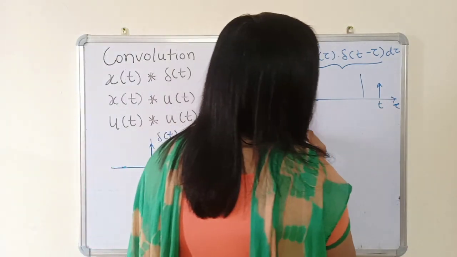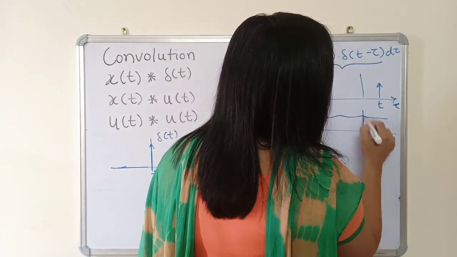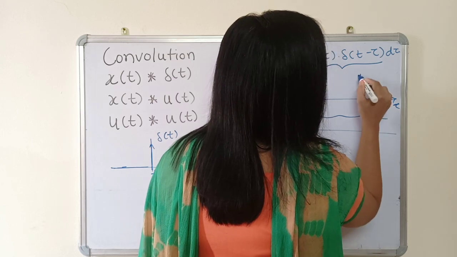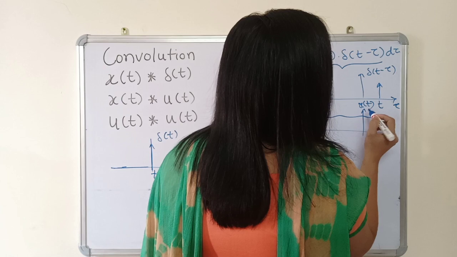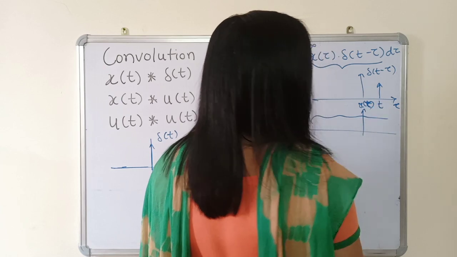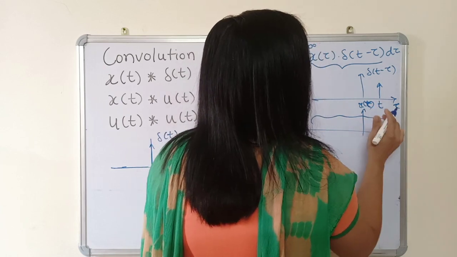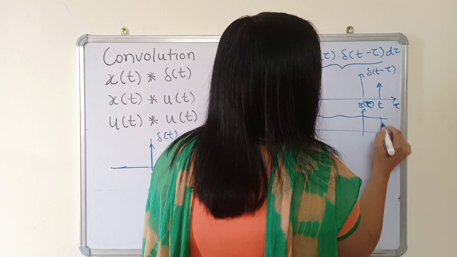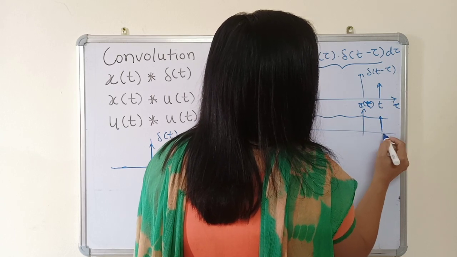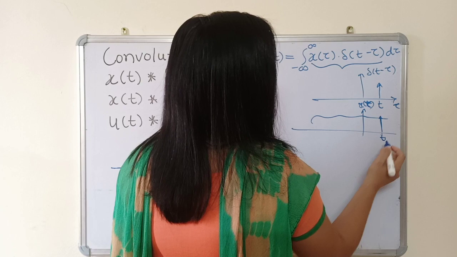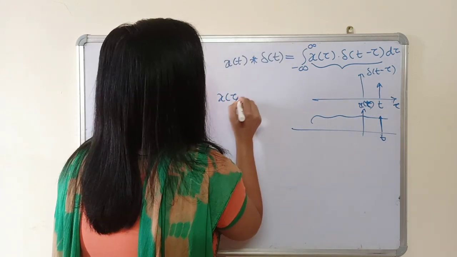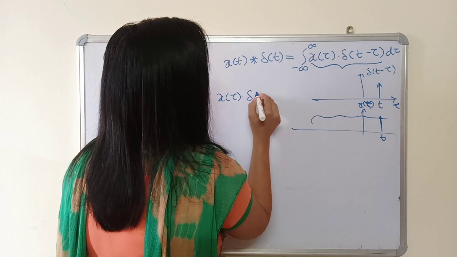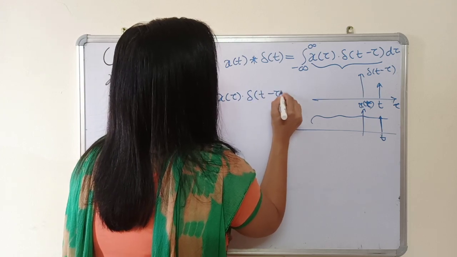We're going to multiply a random signal x of tau with it. So this will be present only at this instant, when tau is equal to t. So we have x of tau multiplied with del of t minus tau.